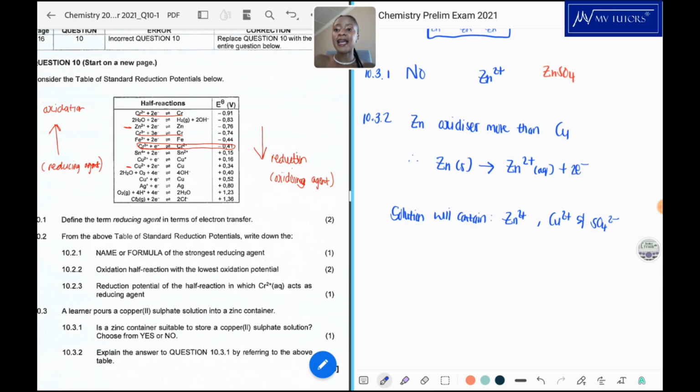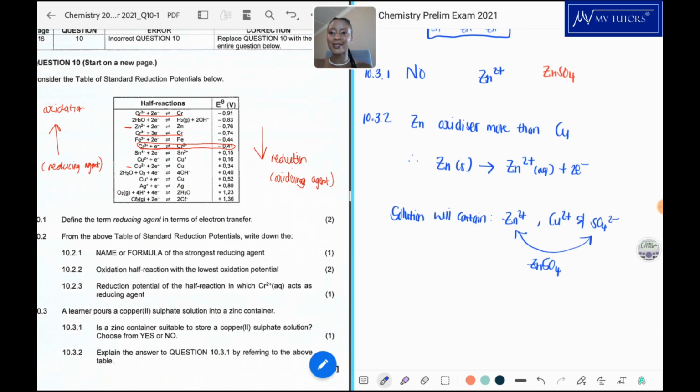And because zinc has a higher oxidation potential, it will connect more with your sulfate. So there will be a reaction between zinc and the sulfate, and you'll end up having zinc sulfate forming.